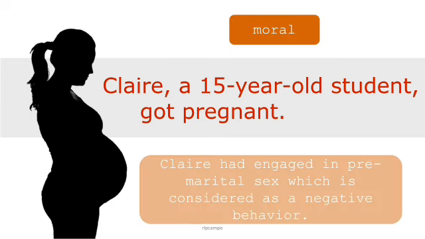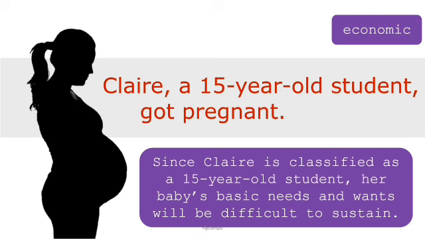While for moral issue, Claire had engaged in premarital sex, which is considered as a negative behavior that violates the moral standard of the society. And for economic issue, since Claire is classified as a 15-year-old student, her baby's basic needs and wants will be difficult to sustain unless she will be supported by her boyfriend's family and her own family, of course.